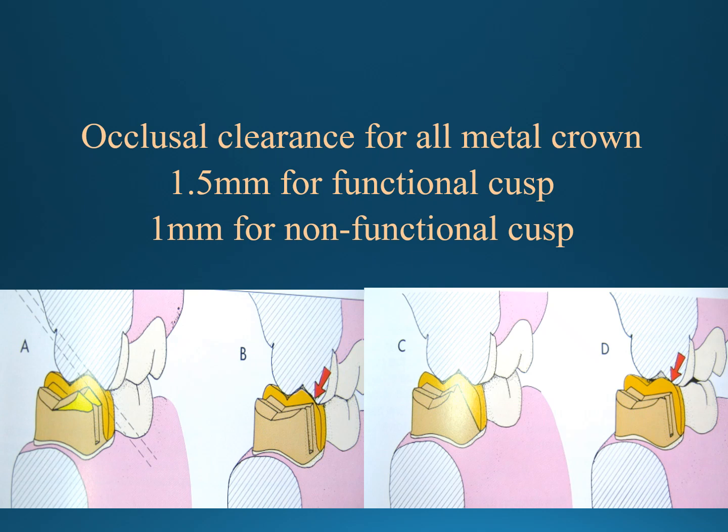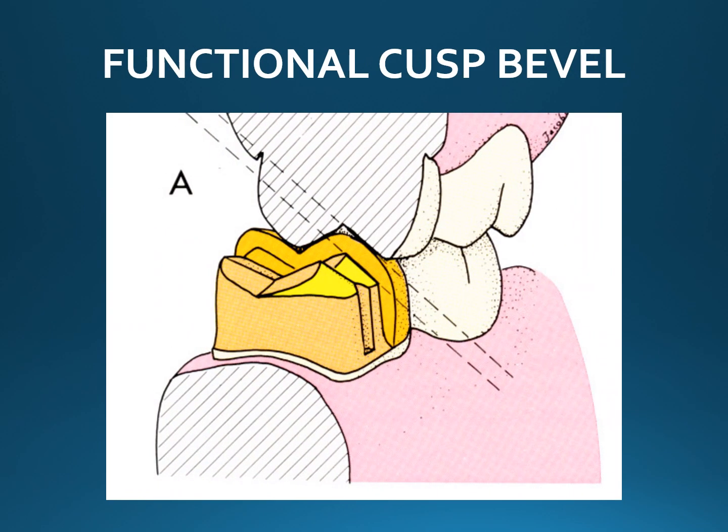This difference should be proper so that the functional cusp, which is going to receive the heavy functional forces, is able to resist the forces without breakage. Similarly, we have to give a functional cusp bevel. This bevel ensures that there is adequate space for the restoration on the functional cusp so that it can resist the forces.